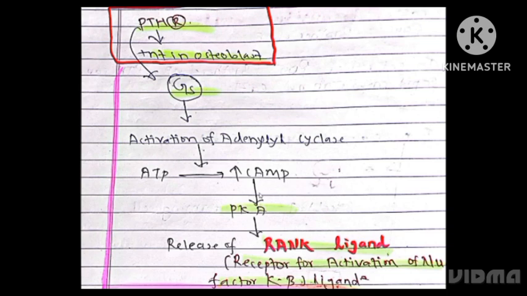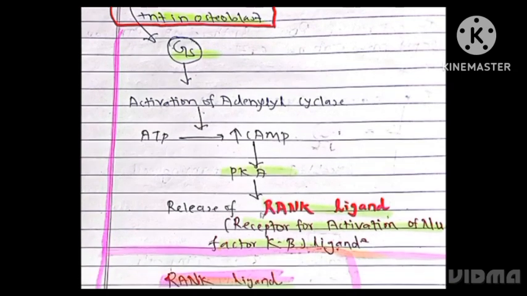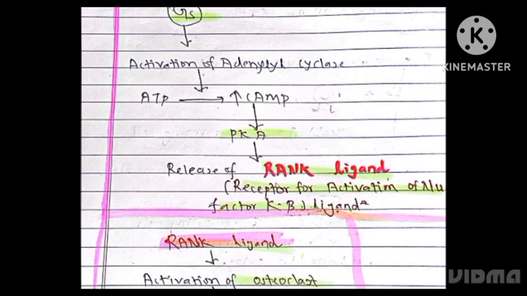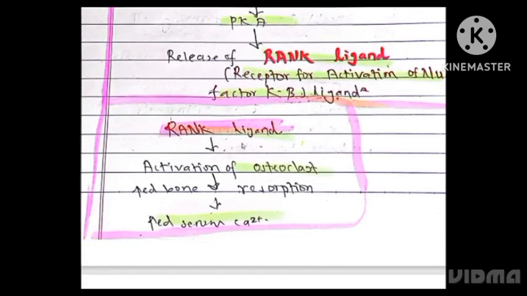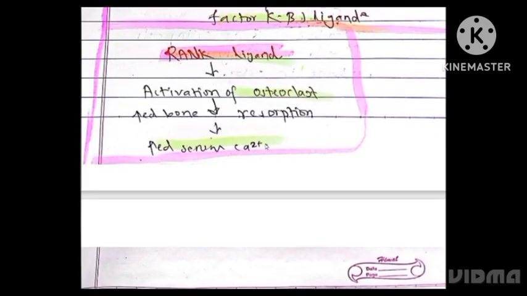Increased cAMP causes activation of protein kinase A. Now there will be release of RANK ligand, which is receptor activator of nuclear factor kappa B ligand. Now this RANK ligand released from osteoblast causes activation of osteoclast, which is responsible for resorption of bone and finally causing increased serum calcium level.